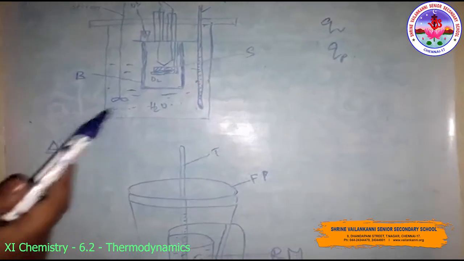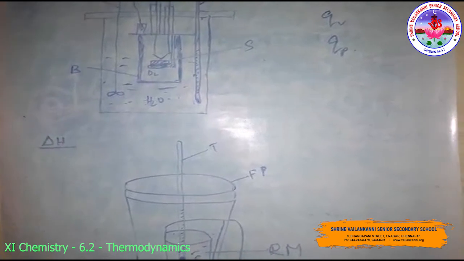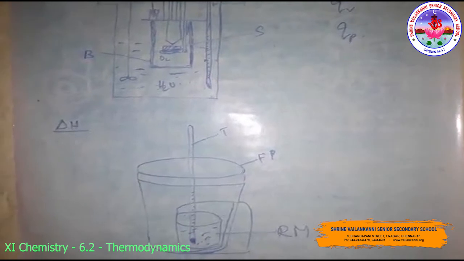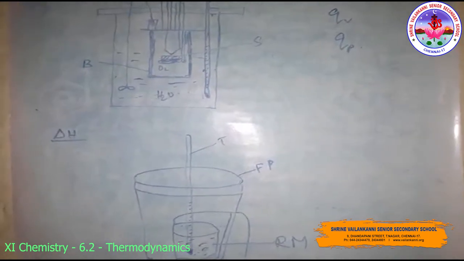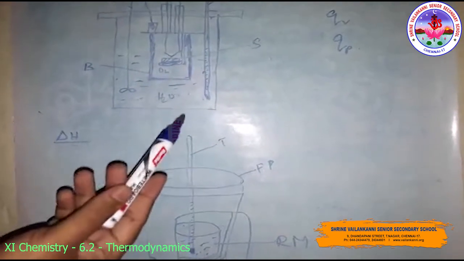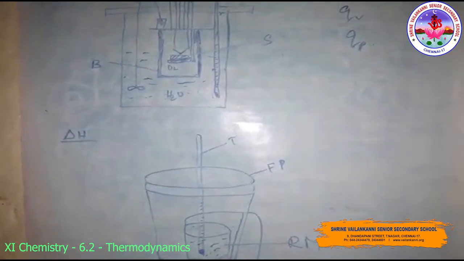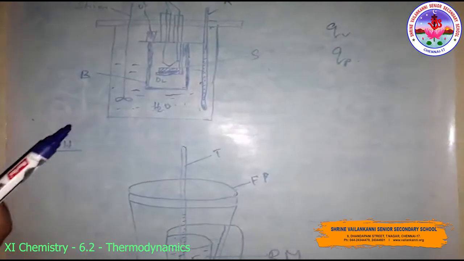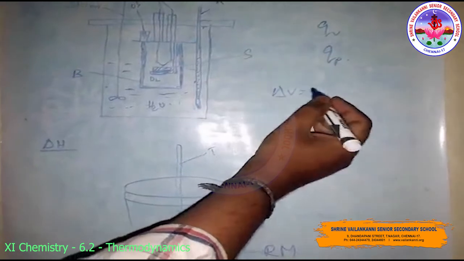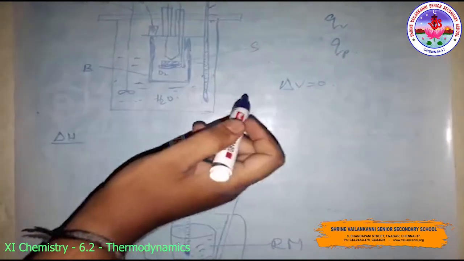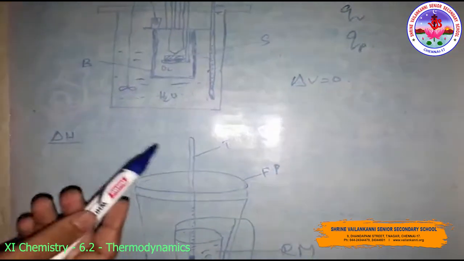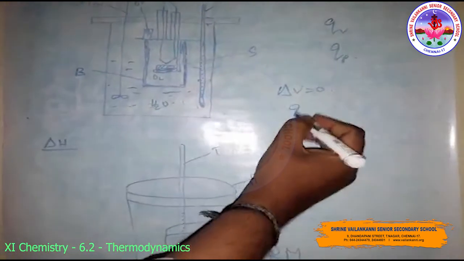The energy changes associated with the reactions are measured at constant volume. Under this condition, no work is done, as the reaction is carried out at constant volume in the bomb calorimeter. Even for a reaction involving gases, there is no work done, that is delta V is equal to 0. The temperature change of the calorimeter produced by the completed reaction is then converted to QV.